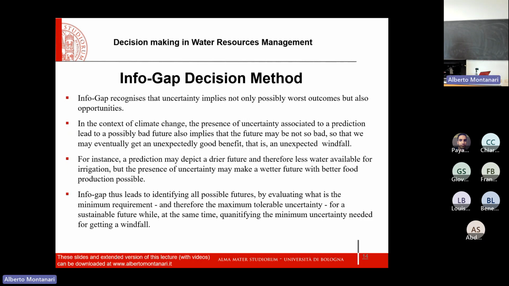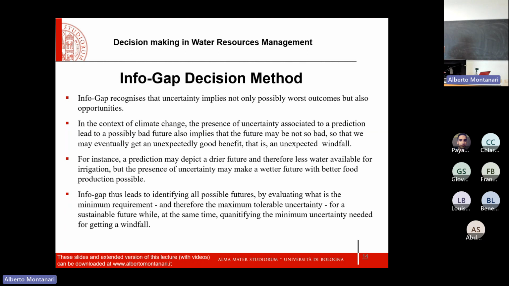Again, it's the other way around. Given that we don't know the uncertainty, we look at all the possibilities, all the scenarios, and then, by referring to a prediction like water resources availability, we estimate the maximum uncertainty compatible with a sustainable future.